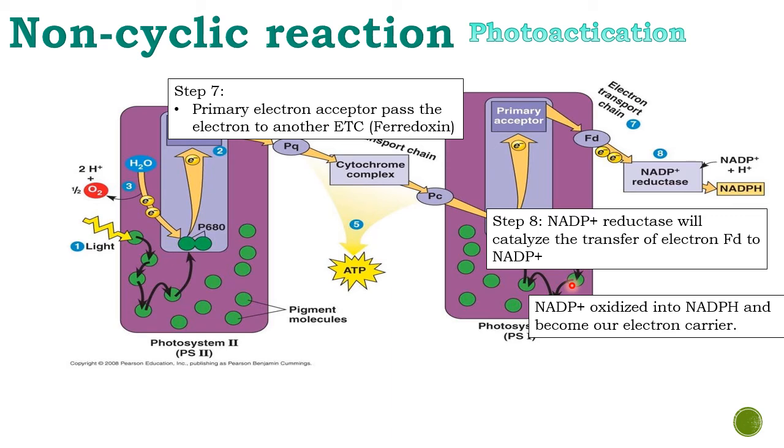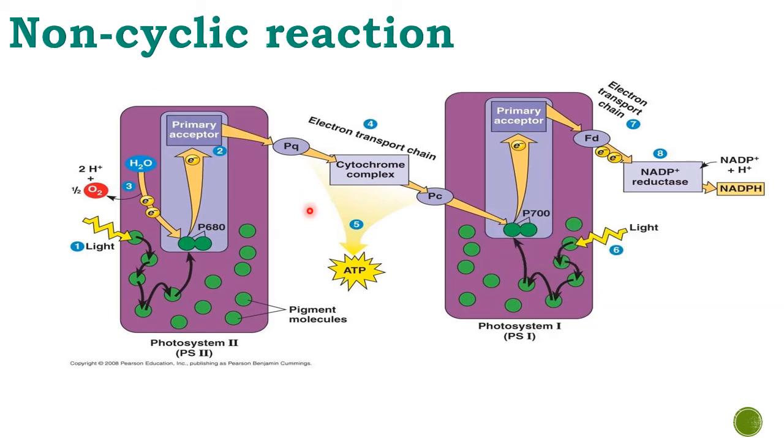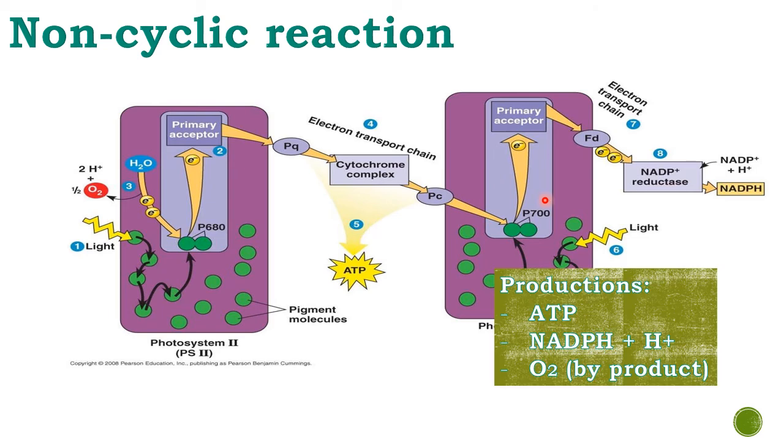NADP+ will be reduced as it receives electrons and transforms into NADPH. NADPH will become our electron carrier. Those are the 8 steps in the non-cyclic reaction. And from this reaction, we will produce ATP, NADPH plus H plus, and oxygen, which is the byproduct.